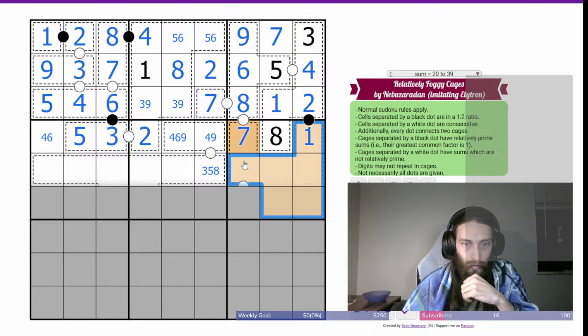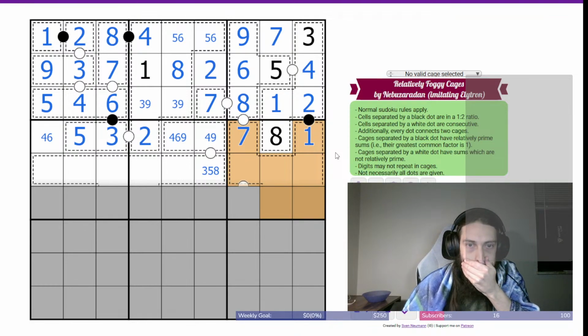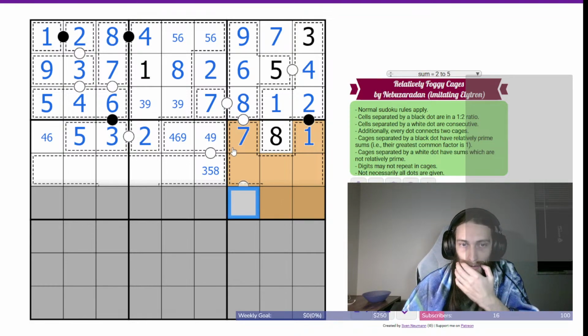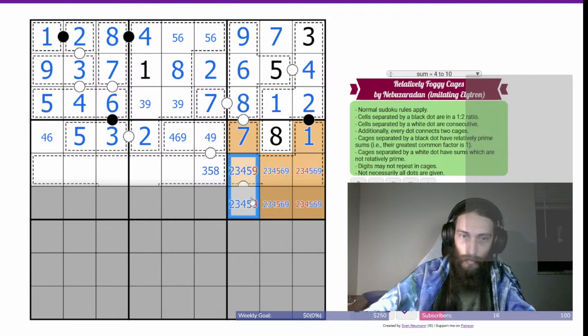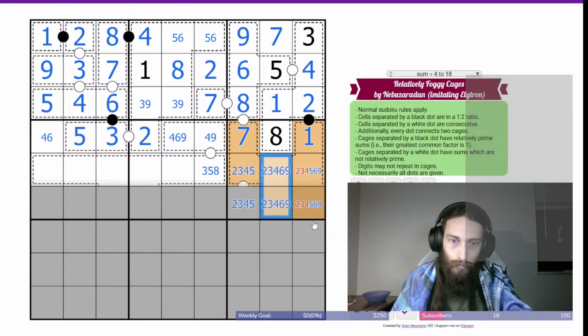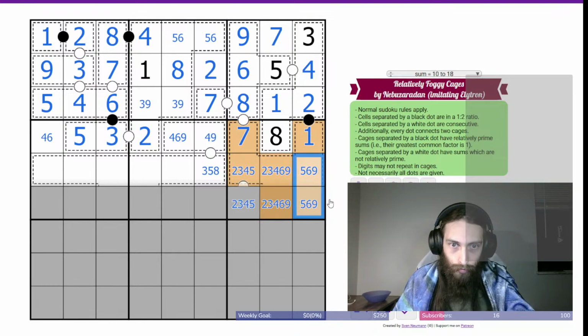If it's just the 7 digits, 28 is the minimum. But that can't be a 9, so it would have to have a 9. 1, 7, 8. 6 and 9. 5. 2, 3, and 4.